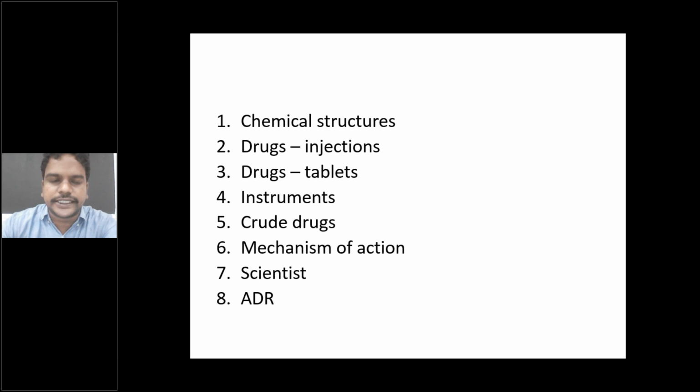Write about chemical structures. First spotter is chemical structure. All of you write down, take a note and copy these notes to your records when you come to the college. First write in your running notes.